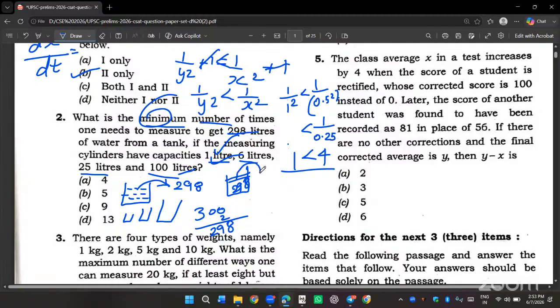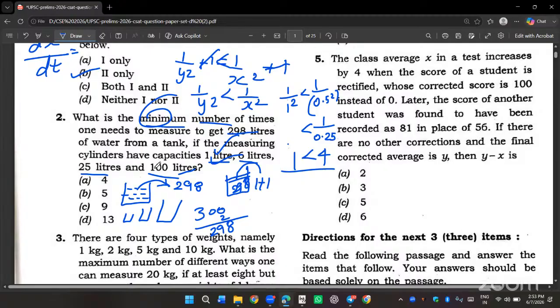I take out 1 liter, 2 times, with the 1 liter cylinder. So finally, what do I get? 298 liters I get. So what have I done? 3 times the 100 liter cylinder.